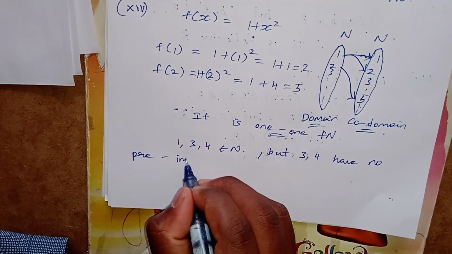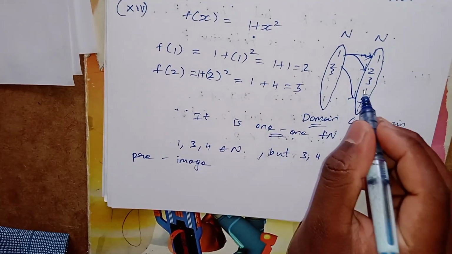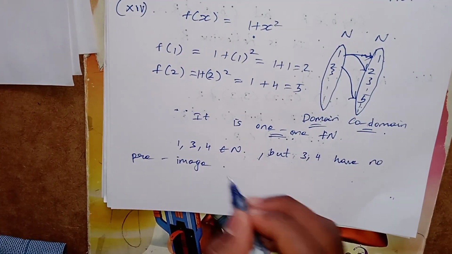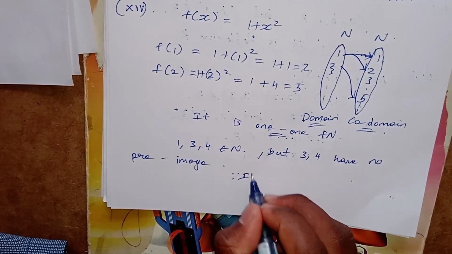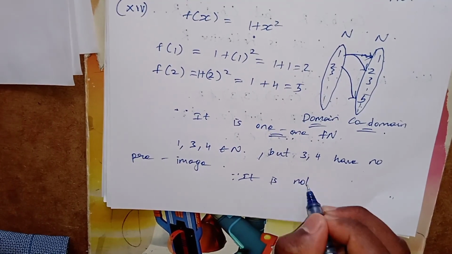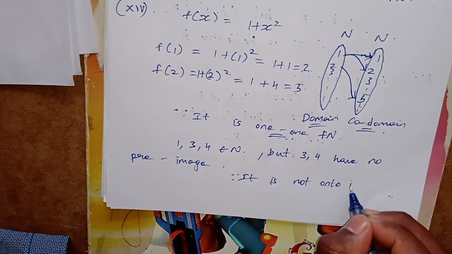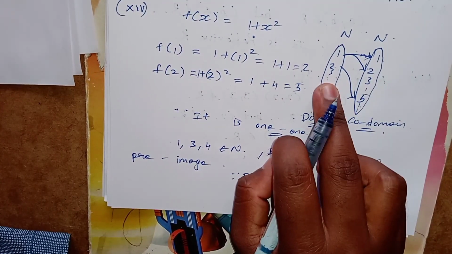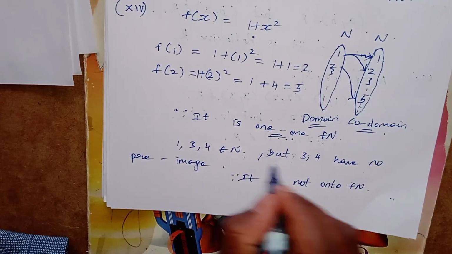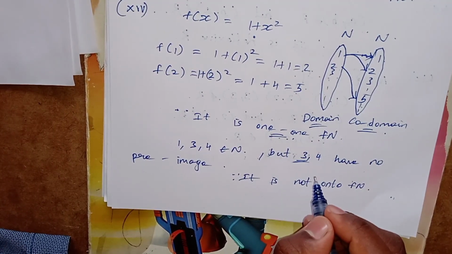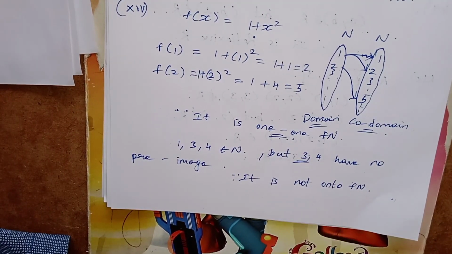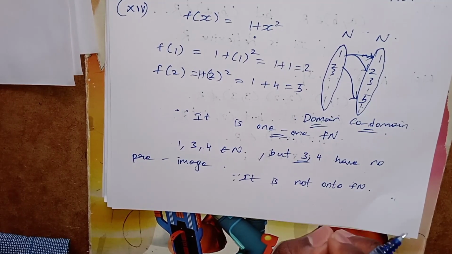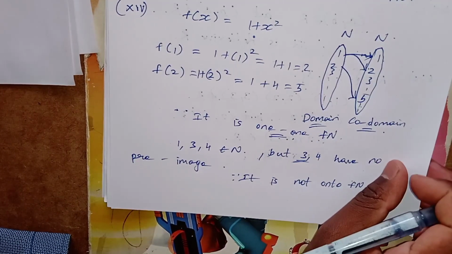Even if one term has no pre-image, therefore here it is not onto function. Every term should have its own pre-image. Even one term here not satisfying, therefore here it is not an onto function. Okay, I hope you understood.